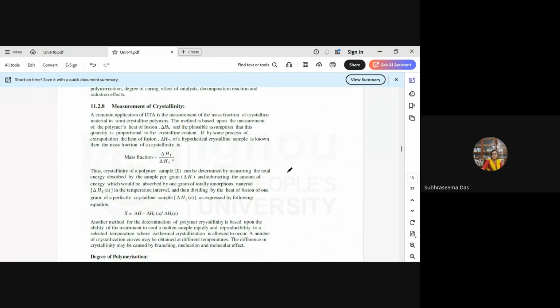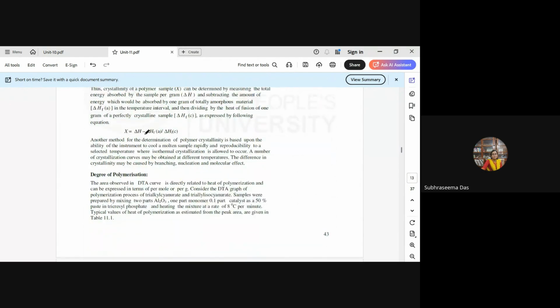Then from the DTA curve, we can also measure the crystallinity, which is given as delta H by delta HF star. Delta HF star is the theoretical value and delta HF is the measured value. The crystallinity, this is the mass fraction crystallinity, that is chi. It can be calculated as delta H minus delta HF by delta HC.